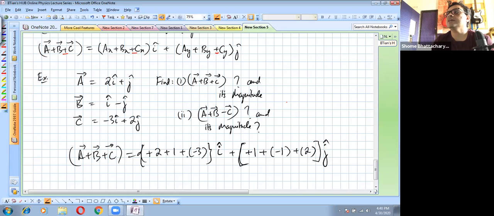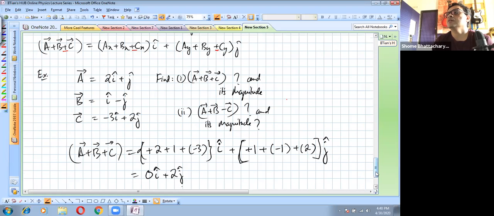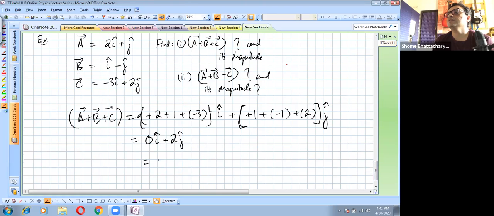And now just work out the algebra. So 2 plus 1 minus 3 is giving you 0. But on the other side you're getting 1 minus 1 plus 2, so that is 2. As you can see, this is becoming 2j cap. That 0 doesn't matter. So this is the vector.